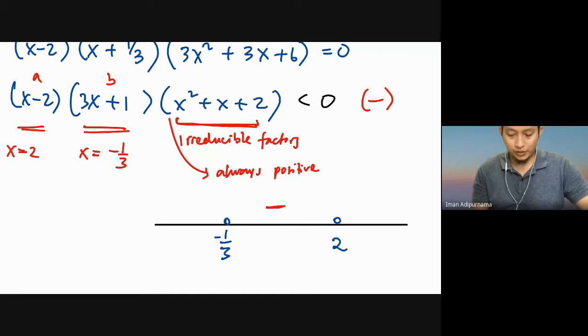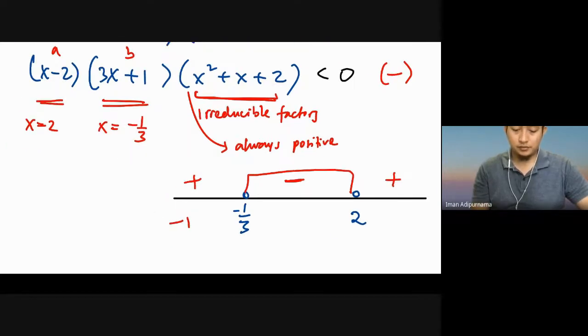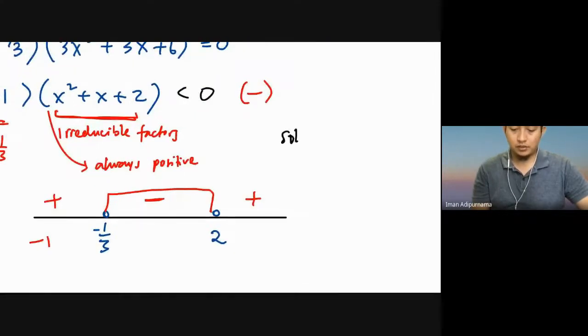If we try 3, it's positive. If we try -1, negative becomes positive. So we are looking at this. So the solution is this.